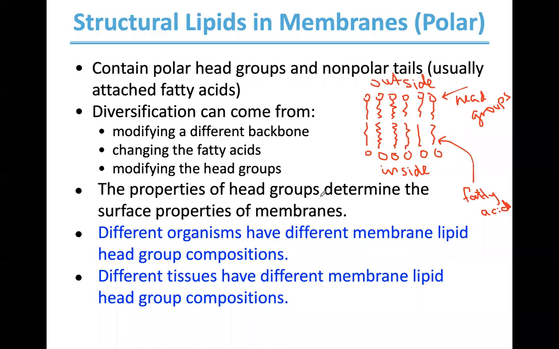The properties of head groups determine the surface property of cell membranes. Makes sense, they are on the outside surface and on the inside surface. Different organisms have different membrane lipid head group compositions, and different tissues have different head group compositions.